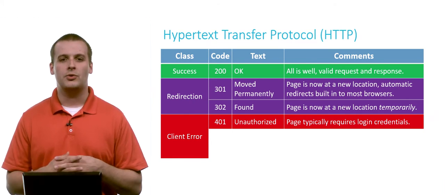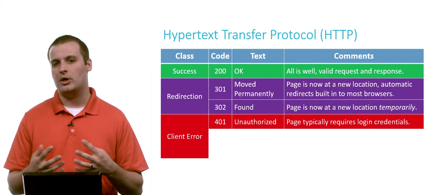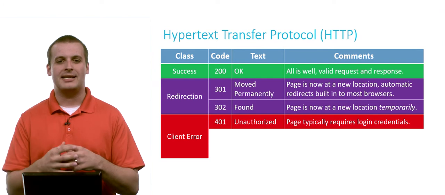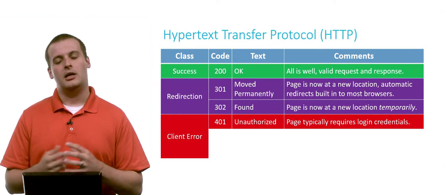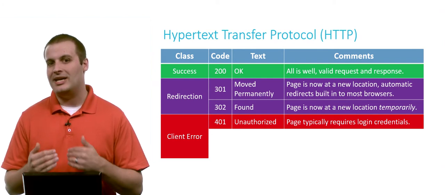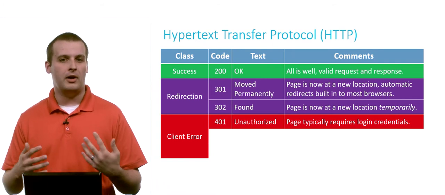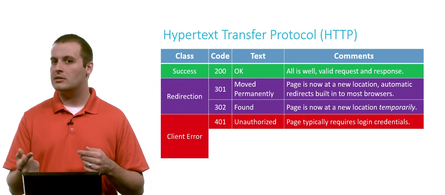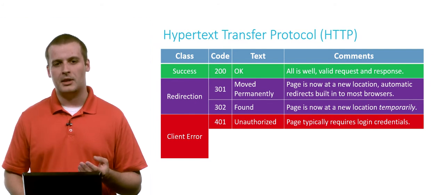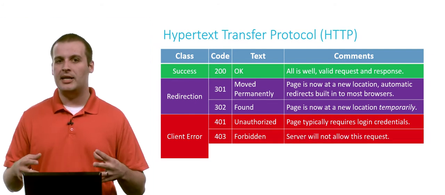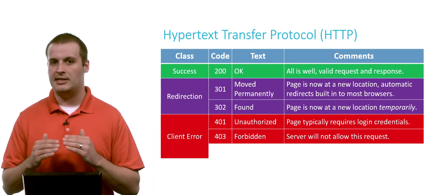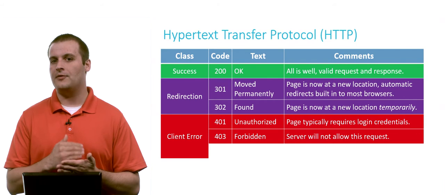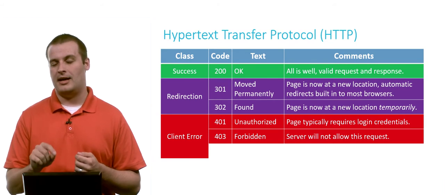So if you try and go to some profile or something on Facebook, or you're at work, you're trying to access something on your work's intranet, but you're not logged in, you can't see the page, you might get a 401 unauthorized, which means we probably will be able to satisfy this request, but first you need to log in to do so. Conversely, you might get 403 forbidden, which is it doesn't really matter if you're logged in or not. This request isn't allowed. The resource exists on the server, but you are not allowed to access it.